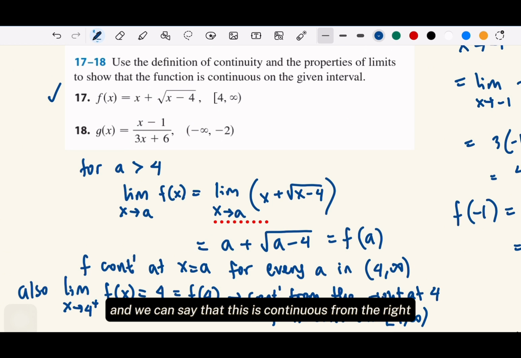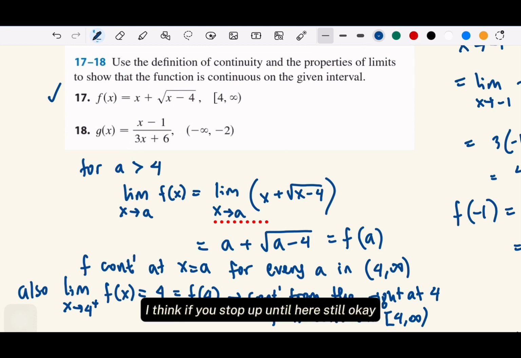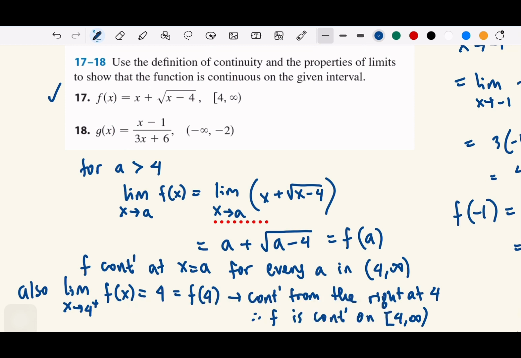And we can say that this is continuous from the right at x equal 4. I think if you stop up until here, it's still okay, but if you mention this, then it is more confirming that this is continuous from the right. And then you can just write as conclusion that f is continuous.